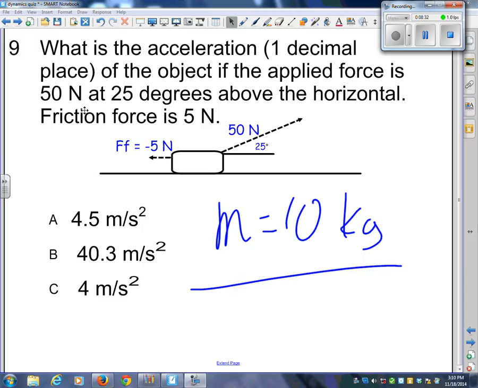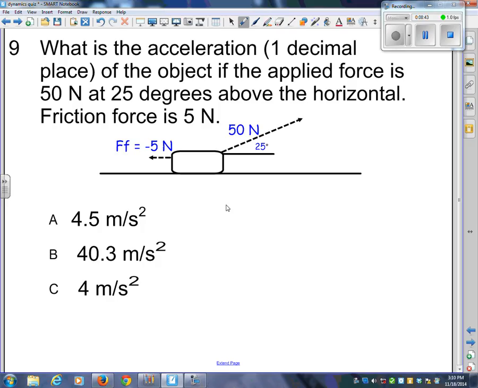What is the acceleration to one decimal place of the object if the applied force is 50 newtons at 25 degrees above horizontal? Friction force is 5. Let me get rid of this mass equals 10 stuff here. I apologize. I got to do some fixing. Okay, so your first step when you see a force at an angle like this, what should you do? Find the FH, the horizontal component.